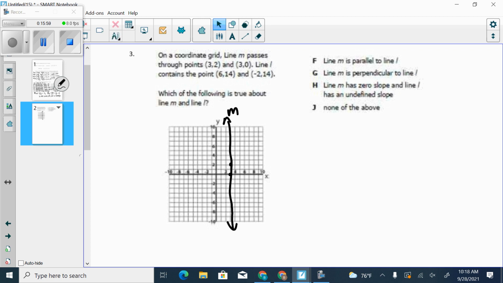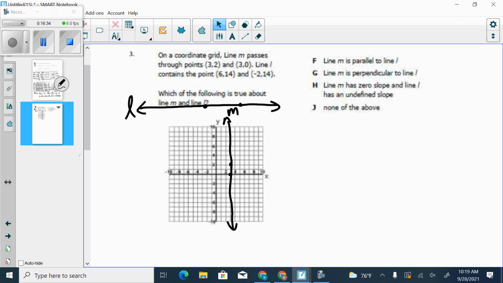So it must run this direction because the y value isn't changing anymore. So at, what was it, 6, so that would have been here, and then 14 would have been somewhere up here, and negative 2, 14 would have been somewhere up here, right? It kind of goes off our graph, but it's going to have to run this way because the y values didn't change, okay?